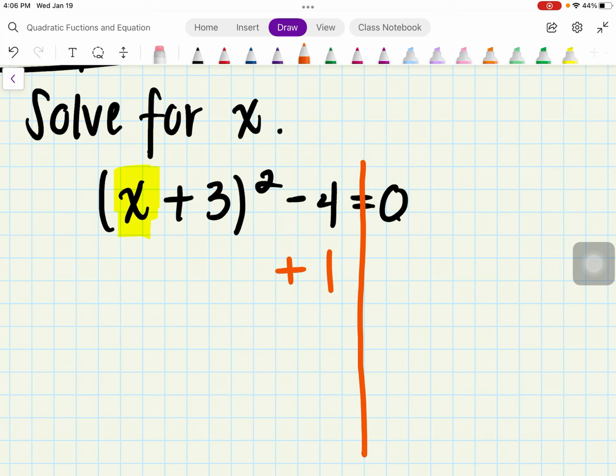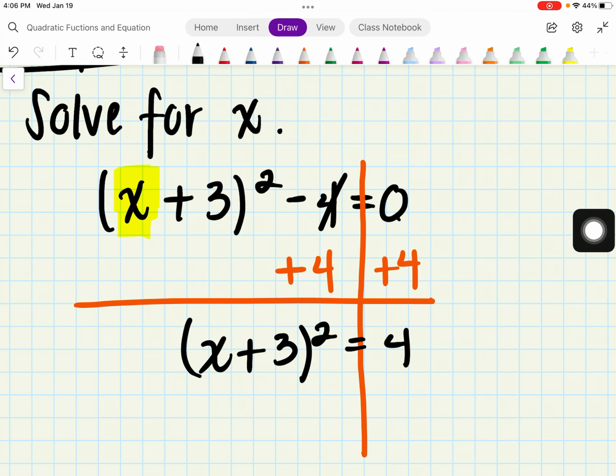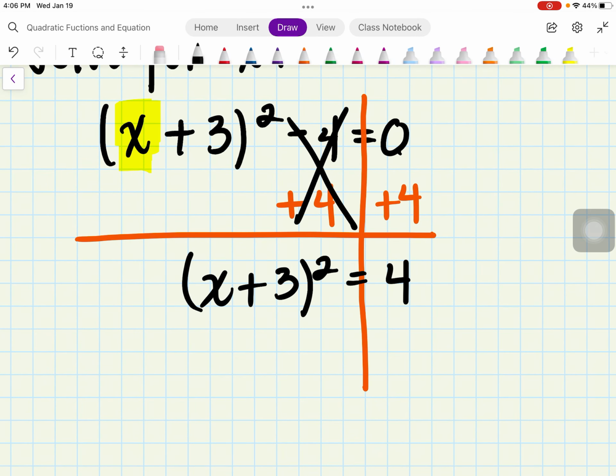I want to get rid of this negative 4, so we do the opposite and add 4 to both sides. That gives me (x + 3)² = 4. Once again, the negative 4 and the 4 canceled.